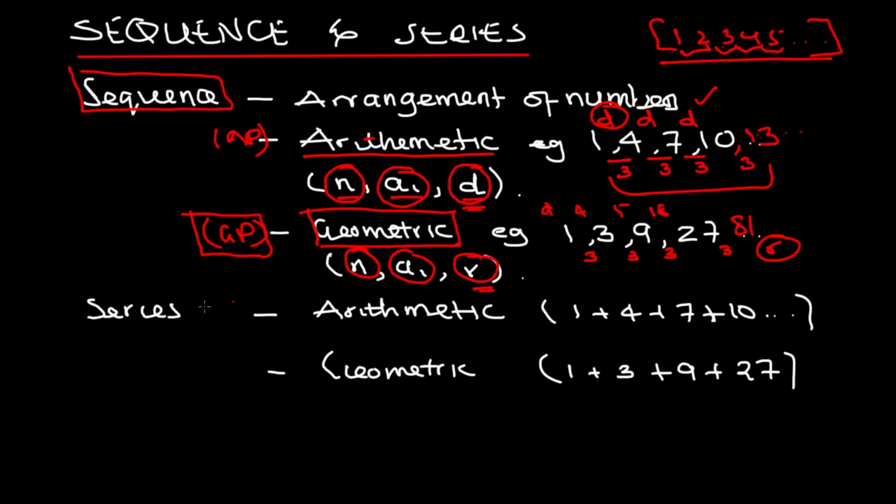What about series? What is a series? A series is normally defined as a sum of the elements in a sequence. So the elements here, you add them together, you get a series.